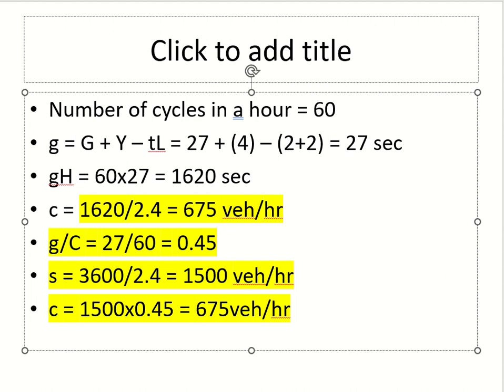In the second approach, first I calculated the maximum value I can have in 1 hour, which is 1500. But this value is hypothetical, ideal. I cannot achieve it. It can only happen if the entire cycle length was effective green, which is not the case.